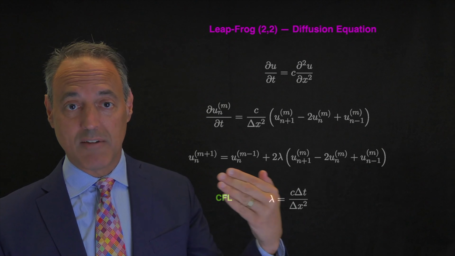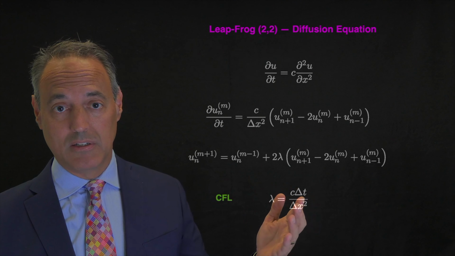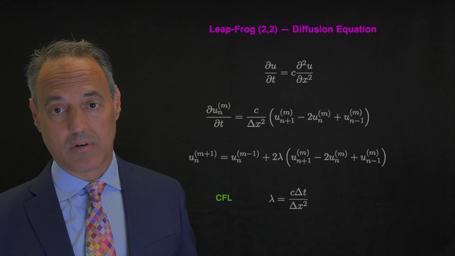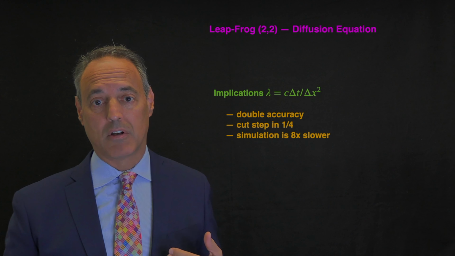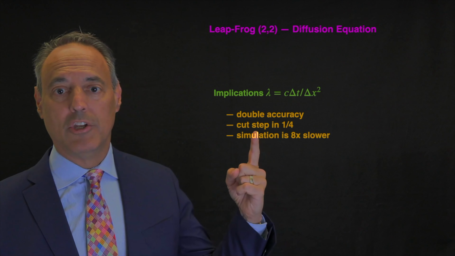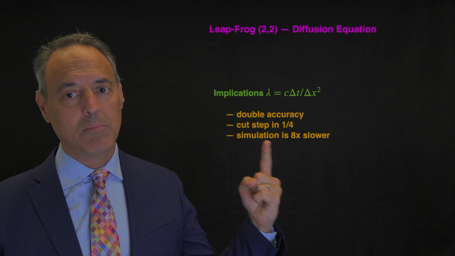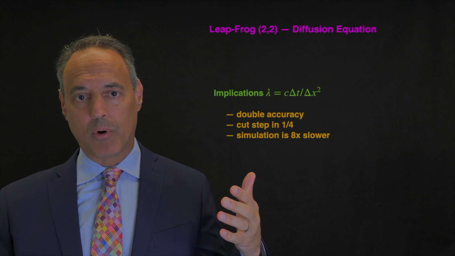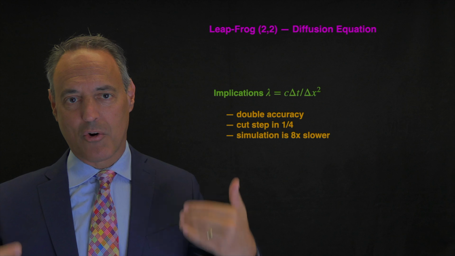So if there's a CFL condition on this, if I double my accuracy, then I'm going to have to cut my delta t down by a factor of 4. This is the implication of the CFL condition. If you double accuracy, which is often what people want to do, you have to cut your time step by a fourth, which means your simulation is essentially going to be 8 times slower, because you have double the number of points, plus you have to take steps that are a quarter of the size.